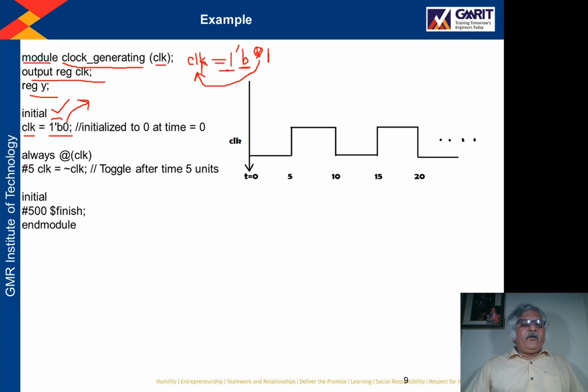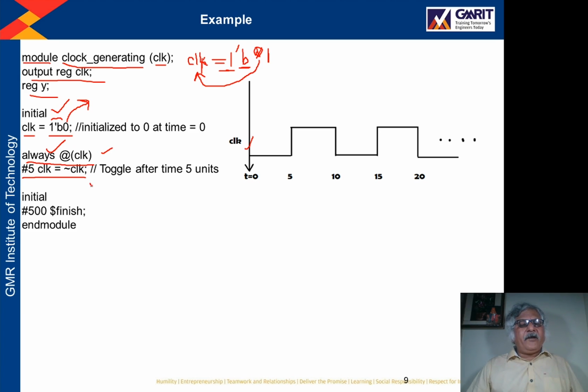After this initial block we have written always @ the rate CLK, #5 CLK = ~CLK. So what will happen? Initially the value of CLK is 0 due to the initial block. But the always block and the initial block all execute in parallel, concurrently. So the always block is also executed exactly at t equal to 0.